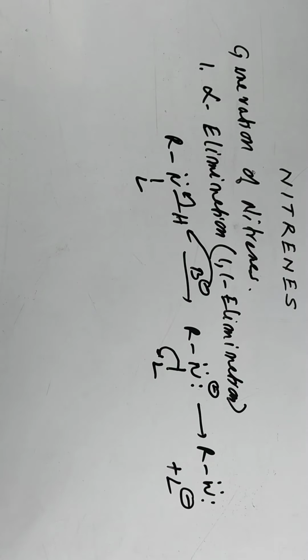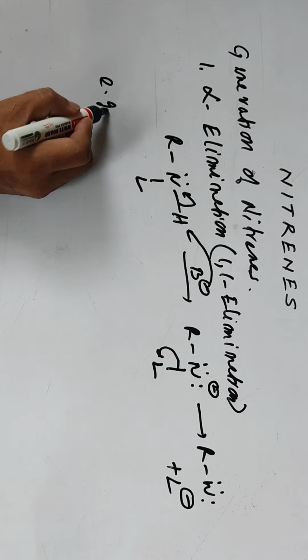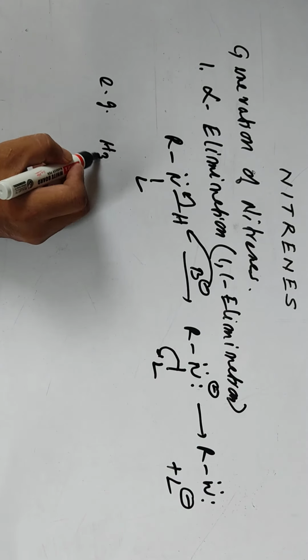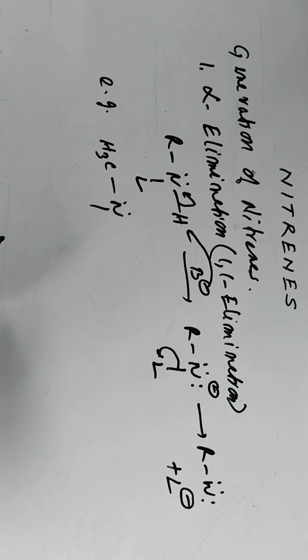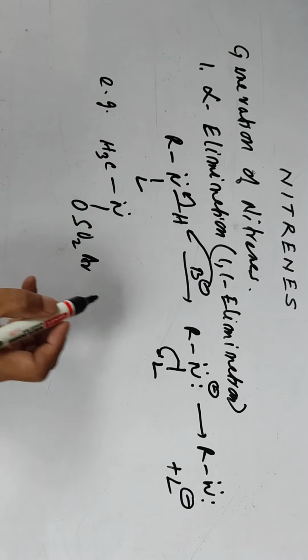Like earlier with carbenes, alpha elimination can occur like this. For example, take CH3 and a good leaving group like OSO2, a sulfonic group.